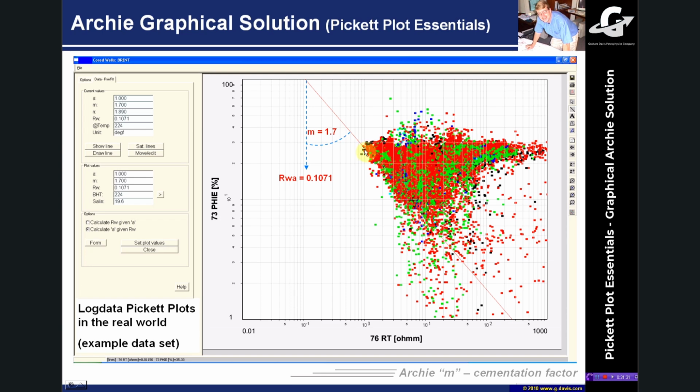But down here on this southwest quadrant, that's the water bearing rock behavior. And we can use this type of thing to extrapolate these lines through, and we can say, oh yes, look, at 100% porosity, what's the apparent RW? Okay, it's 0.1071, which is 19.6, so 20,000 parts per million chlorides water.